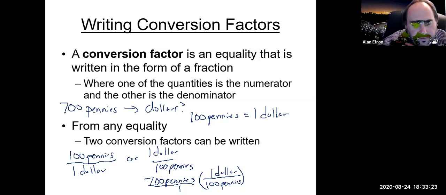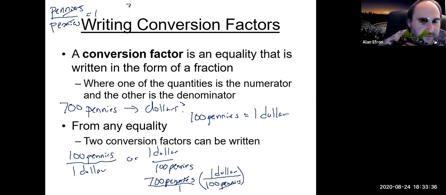And the units of pennies would cancel each other out, because essentially what we're doing is we're taking pennies and dividing it by pennies. So it equals 1. Same thing if you took 2 divided by 2, it equals 1. Same idea. 1 unit on top, 1 unit on the bottom, that's the same. They basically cancel each other out and become 1. Math-wise, what we would do is take 700 times 1 and then divide it by 100.